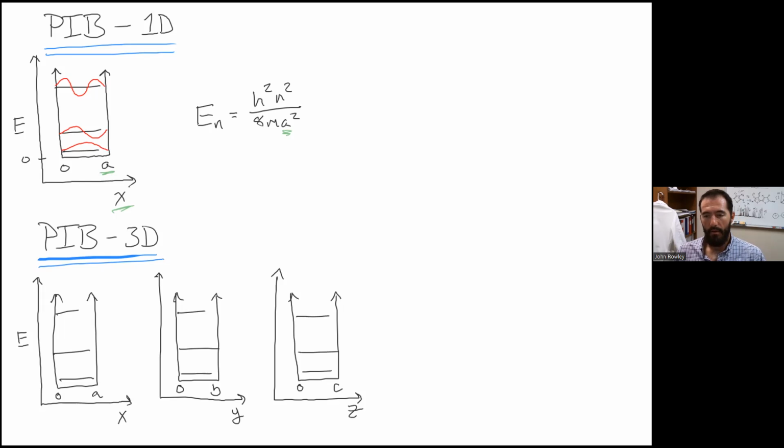So to calculate the energy, just like the equation for 1 dimension, the equation for the energy of the particle in the box in 3 dimensions is dependent on nx, ny, and nz, and it's given by the formula h squared over 8m, and then each dimension gets its own term with the quantum number squared divided by the length of the box in that dimension.